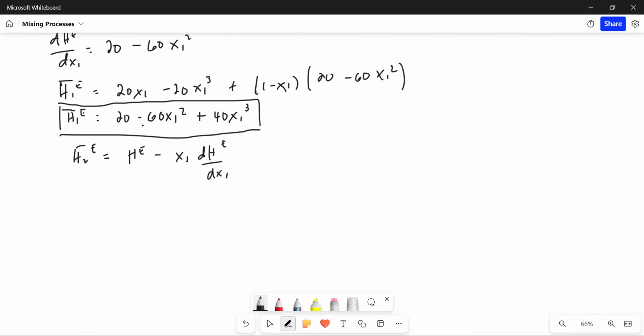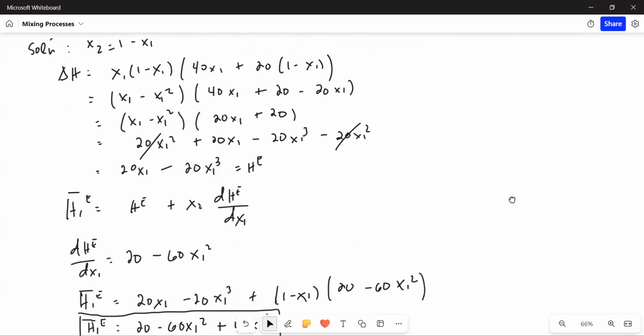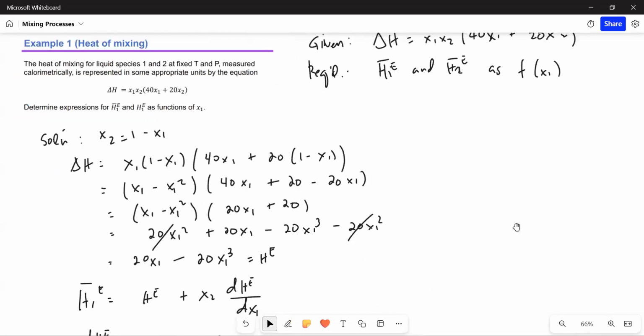Again, doing the same procedure and simplifying, you will get an equation for the partial molar excess enthalpy for species 2, which is 40 x sub 1 cubed. So this is the solution for example 1.